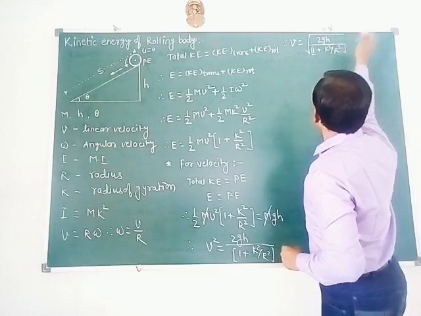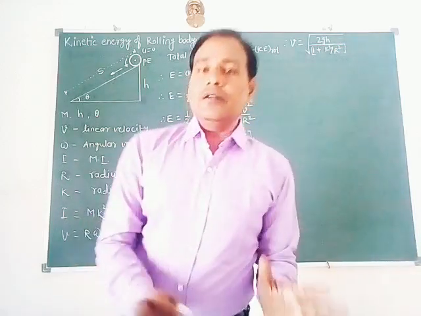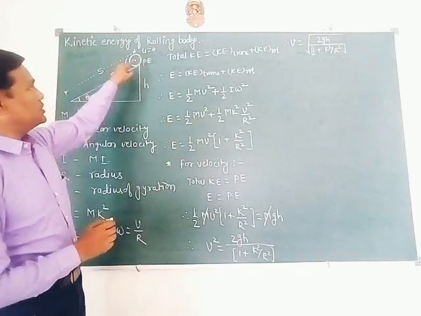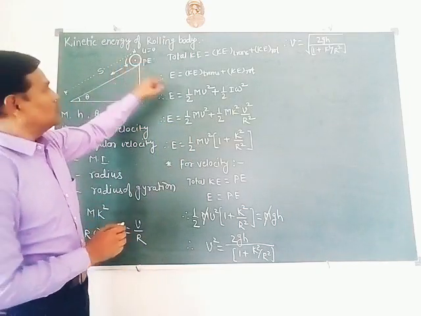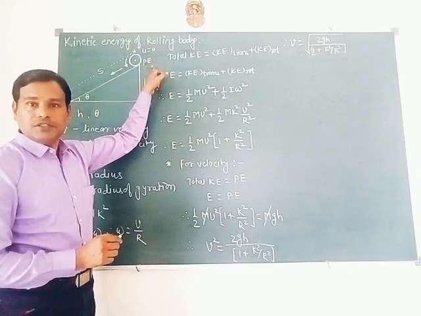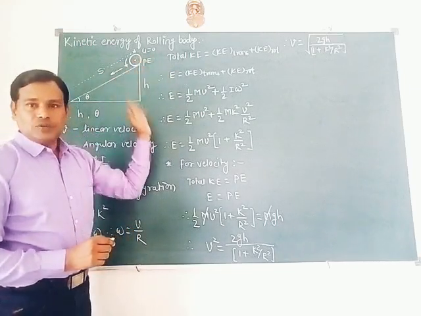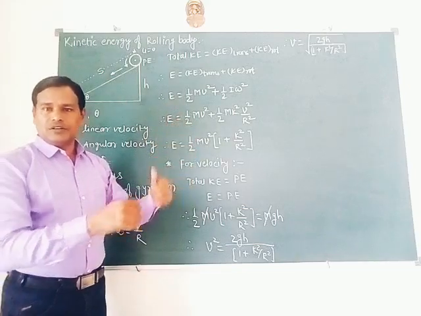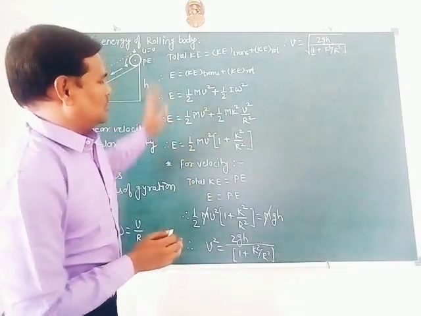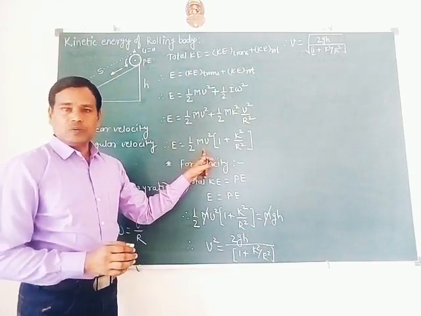So this is the expression for final velocity of the rolling object. The object is rolling from this point with initial velocity 0 but having a certain amount of potential energy. When it starts rolling, its potential energy gets converted into the total kinetic energy of a rolling body. Total kinetic energy of a rolling body is this one.